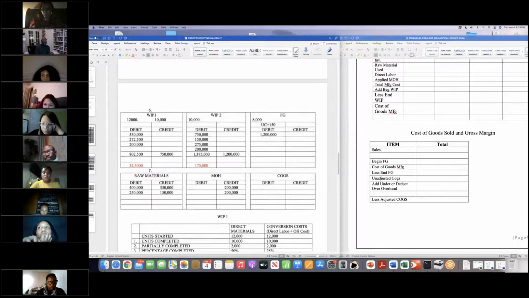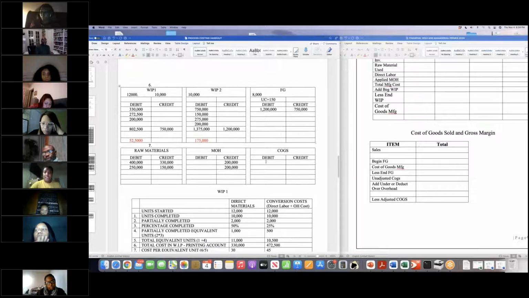Okay. So 750,000 is the credit to finished goods and the debit to cost of goods sold. We didn't have information on the overhead, so we won't worry about that.